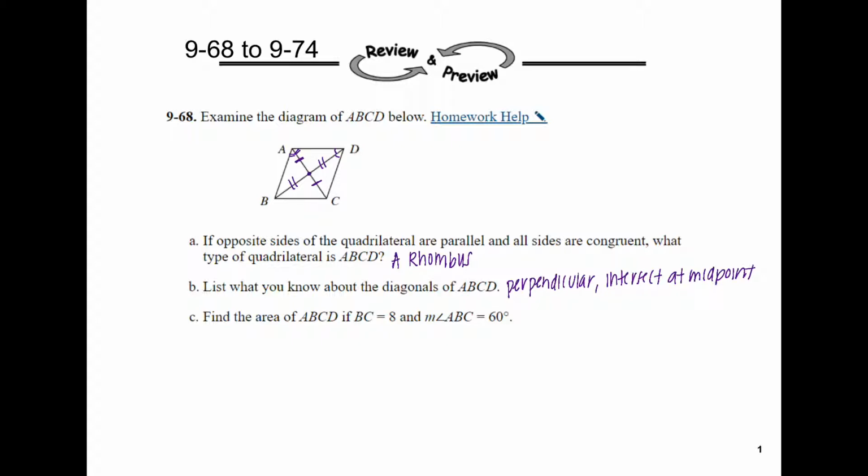Letter C says, find the area of ABCD if BC equals 8 and the measure of angle ABC is 60 degrees.